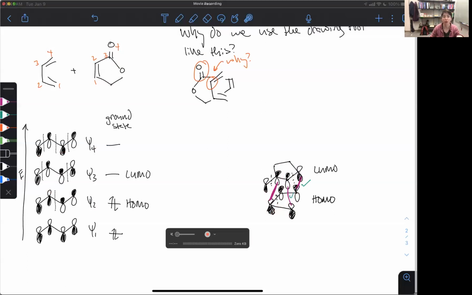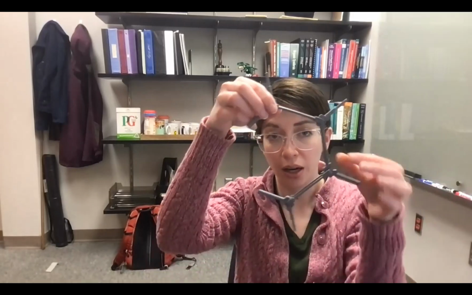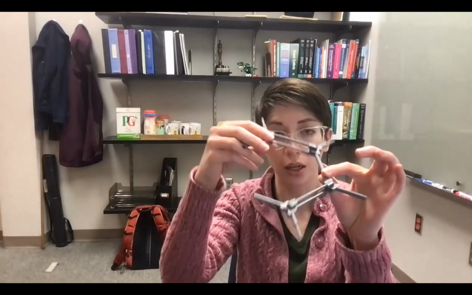So if we take a look at the orbitals on the model kit real quick, I'm going to stop this share. So I've got my diene here, right? Just a simple diene. I've got it in my correct conformation here.